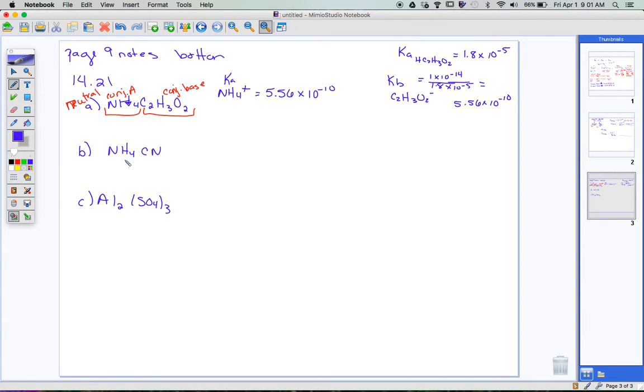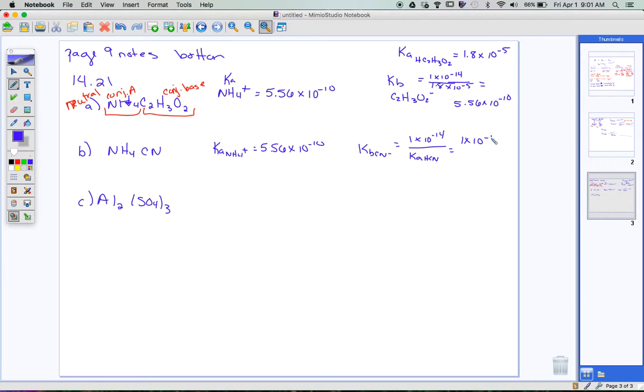Okay, the next one, the NH4 plus, we already know Ka for NH4 plus. It's 5.56 times 10 to the minus 10th. But we've got to find the Kb for the CN minus. So it's 1 times 10 to the minus 14th divided by the Ka of HCN, which we'll have to go look up.